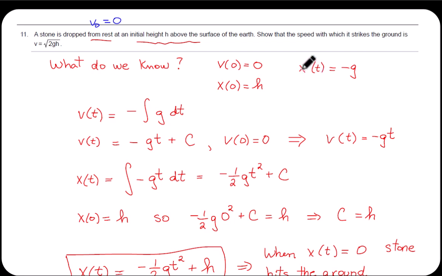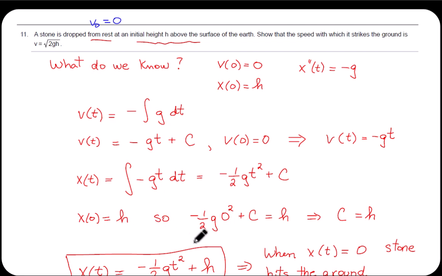All right, I can see I have a typo here. This should be a of t. All right, so we integrate that and we will get the velocity. And so the velocity is minus gt. And so I can integrate that to get my position. All right, but at time 0, we get h.